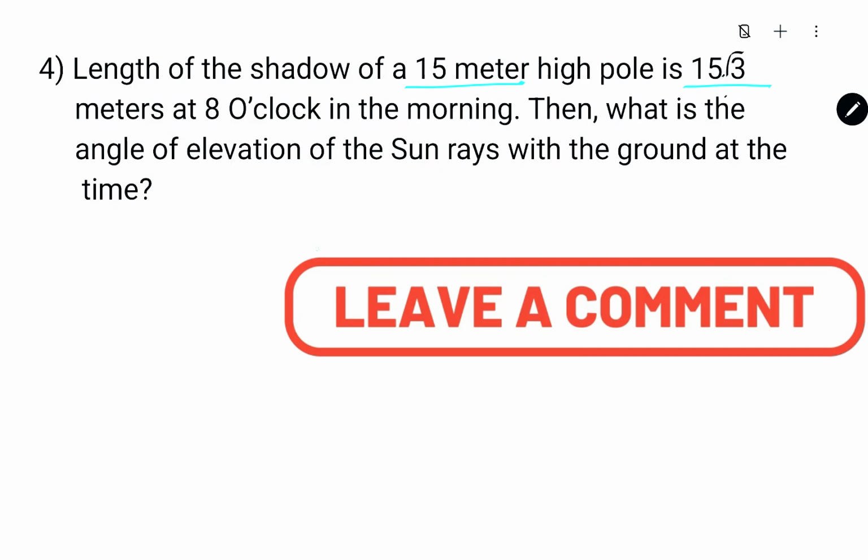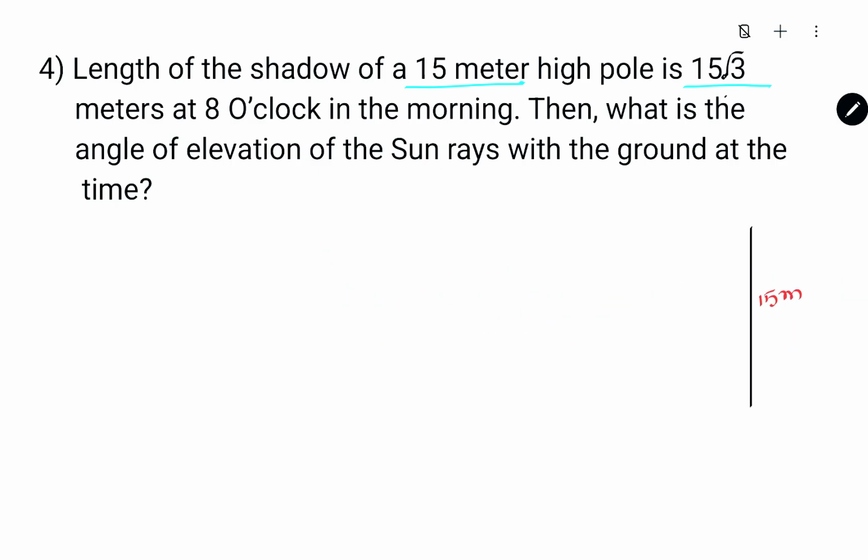Now draw a figure from the given question. Draw a vertical line which is 15 meters. Length of shadow is 15 root 3. In this question we need to find the angle. This is theta.